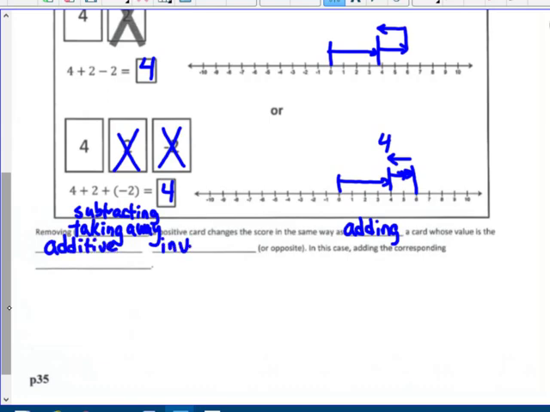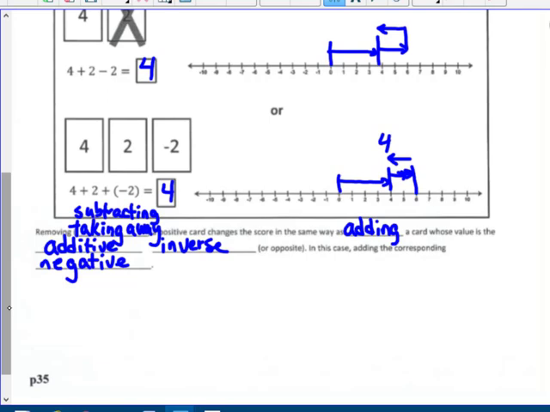So if I had 4 plus 2 and then I picked up a negative 2, that's what this is showing. In this case, adding the corresponding negative card. So discarding 2 and picking up a negative 2 have the same effect on your hand.